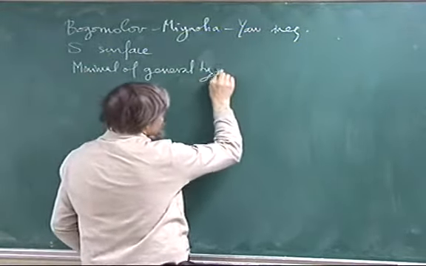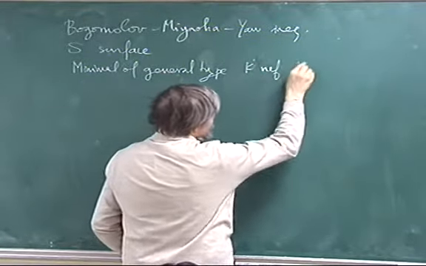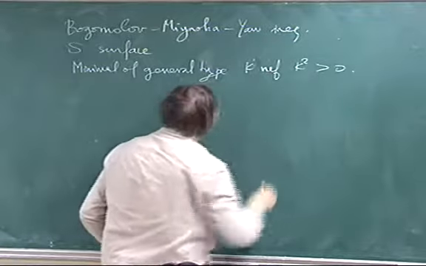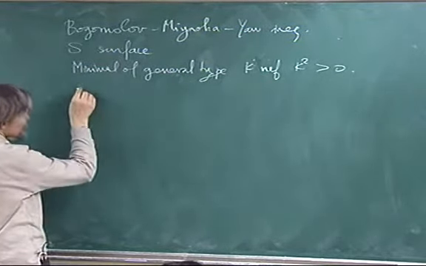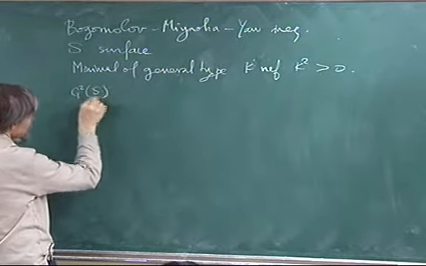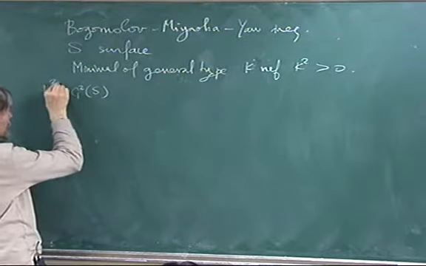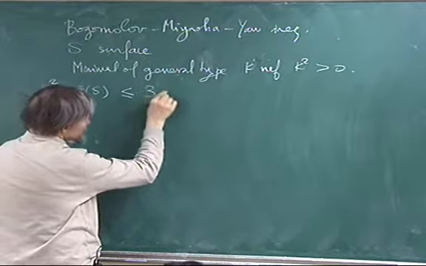So this means that K is nef, and K squared is positive. Then the theorem is that C1 squared of S, this is K squared, is less than or equal to 3C2.